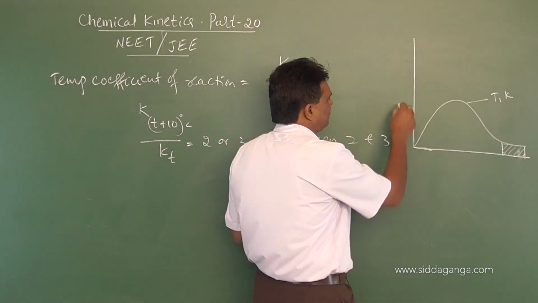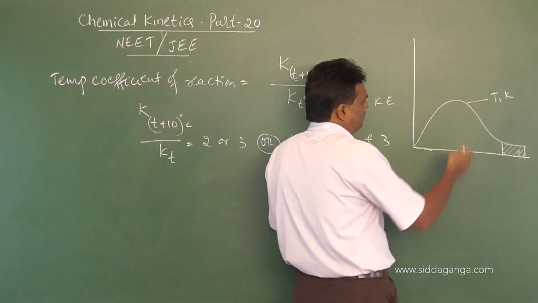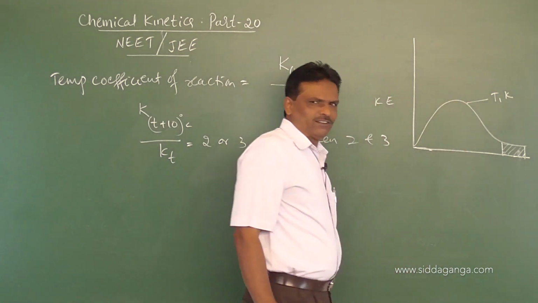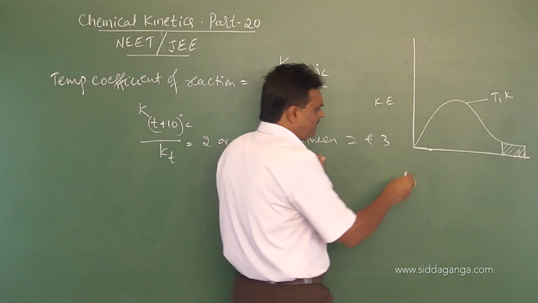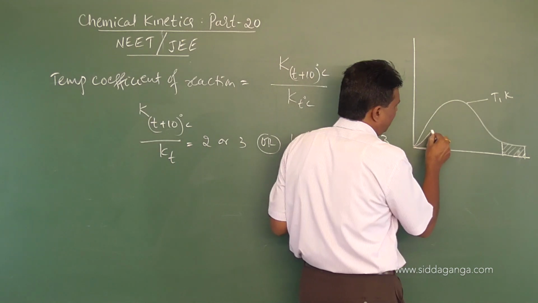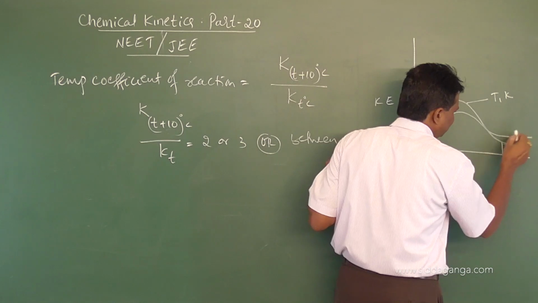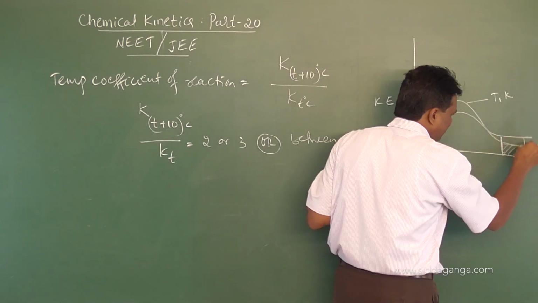Is it clear? So this is the kinetic energy. This is the most probable kinetic energy, we call it. Then when the temperature is raised by 10 Kelvin, the graph should be like this.